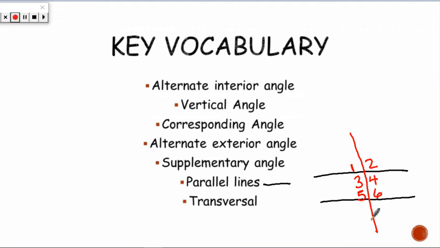5 and 6 are called linear pairs, and 7 and 8 are called linear pairs. 5 and 7 are linear pairs, 6 and 8 are linear pairs.